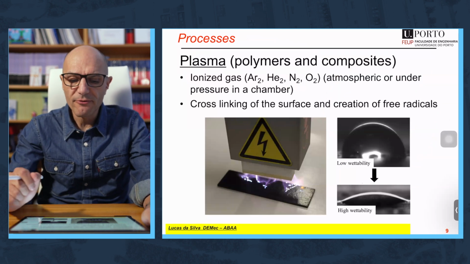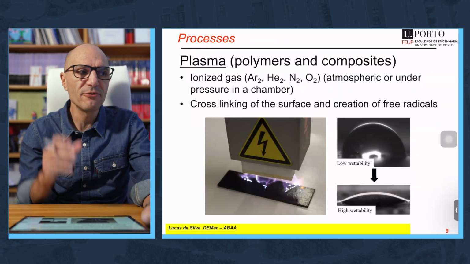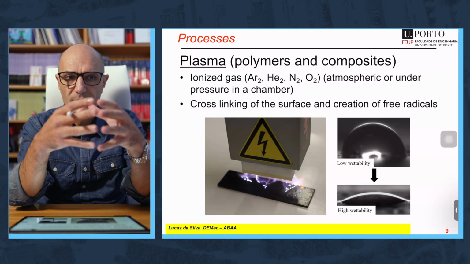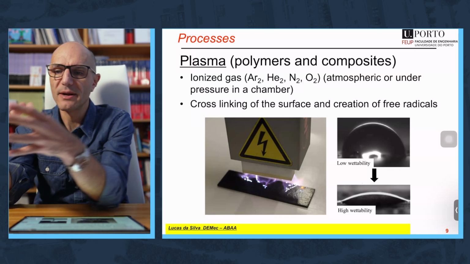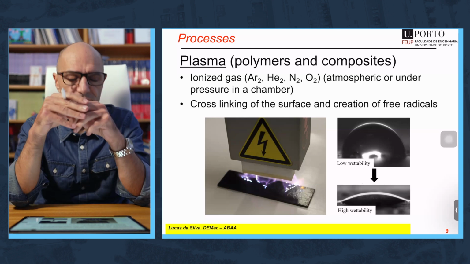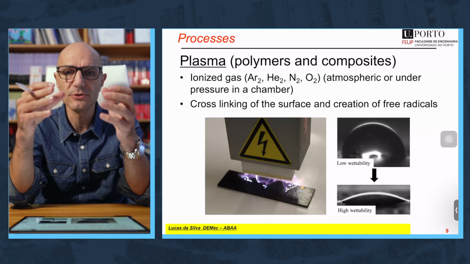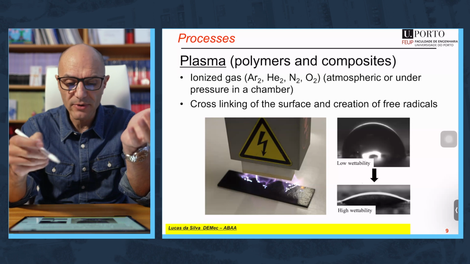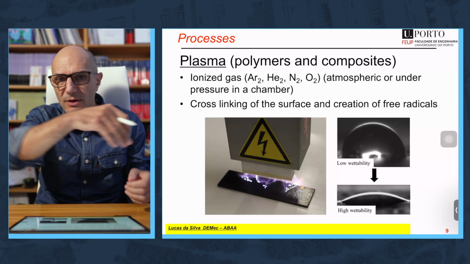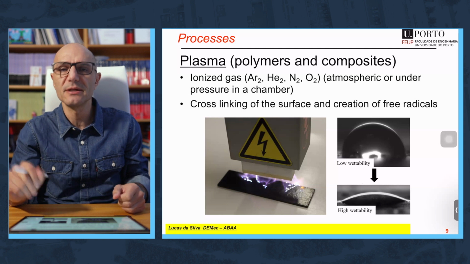Another example now for active, but this time using physical treatments. You have three main physical treatments: corona discharge, flame, plasma. They are used especially for plastics to increase the surface energy. In the case of plasma, what do you do? You apply plasma, we are talking about ionized gas, you bombard the surface. This will break the molecules that are at the surface.